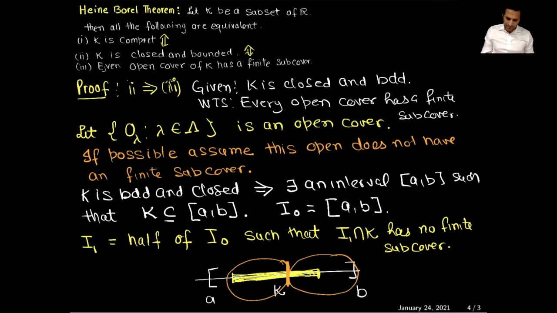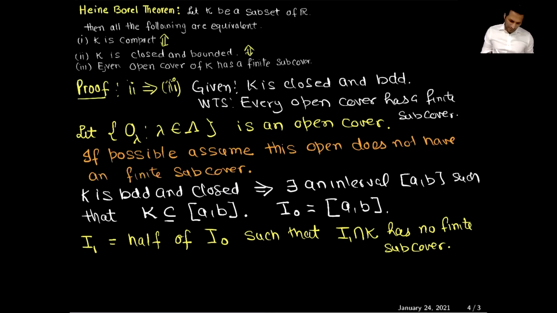Because if both pieces have a finite subcover, we can combine these two finite subcovers to make a finite subcover of K, and that will be a contradiction. So it is either this side that does not have a finite subcover or the other side. I'm choosing the side which does not have a finite subcover.